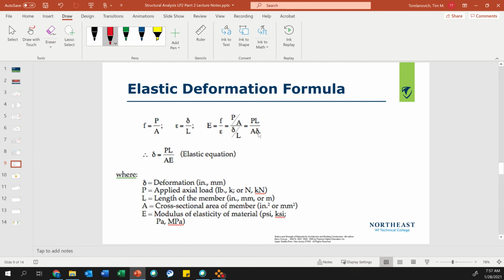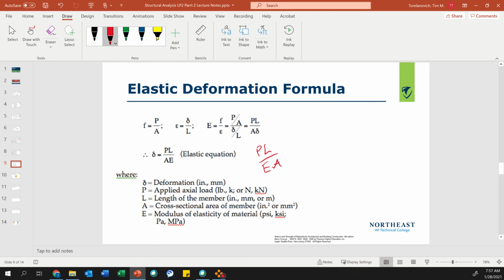I want to know how much deflection I'm going to get in that column, that footing, that deep foundation, that tensile rod, etc. Knowing stress and strain are proportional, related by the modulus of elasticity, and doing some algebra, we know delta equals PL over AE. Let's remember it as PLE, PL over EA. It doesn't matter if the A and E are switched because of the multiplication property.